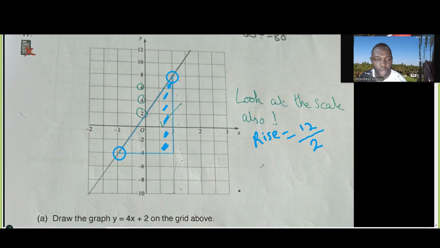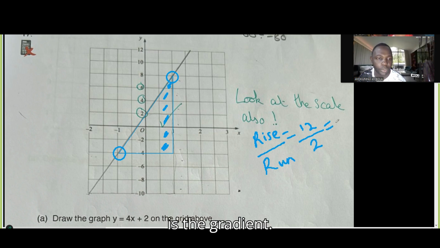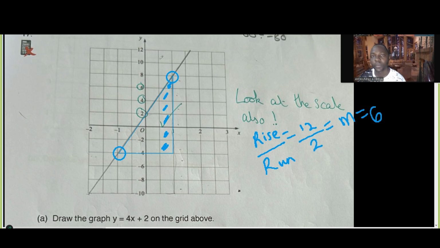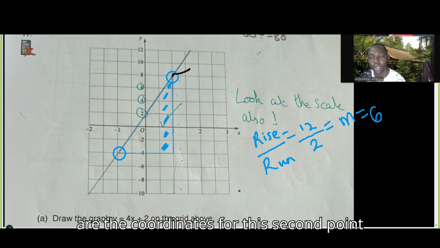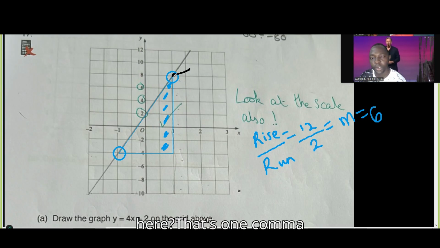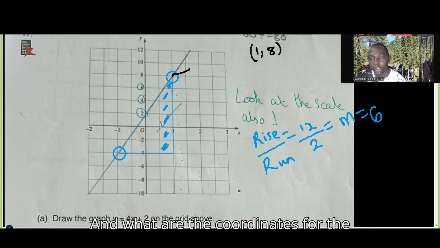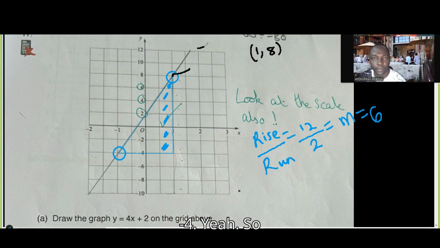So that's rise over run, which is the gradient. So the gradient is what? 6. And if we choose to use coordinates, what are the coordinates for this second point here? That's 1, comma 8. And what are the coordinates for the first point? -1, comma -4. Yeah.